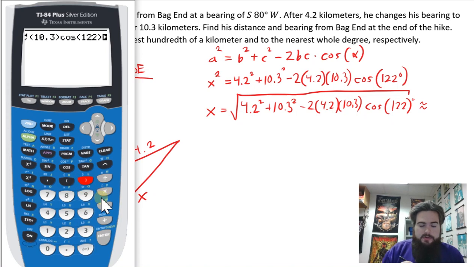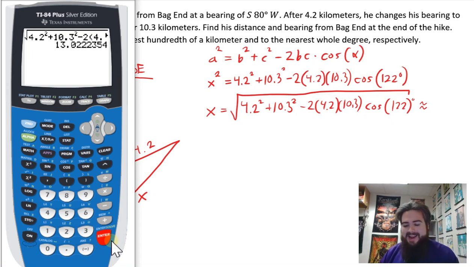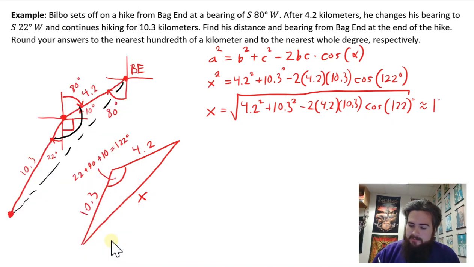Since we're plugging in 122 degrees, do make sure that you are in degree mode there. Furthermore, note that the side length we're solving for, since it's across from 122 degrees, should be the largest side length. It needs to be larger than 10.3, but also it cannot exceed the two side lengths added together. 13.02 seems to fit okay. So that's 13.02 kilometers.